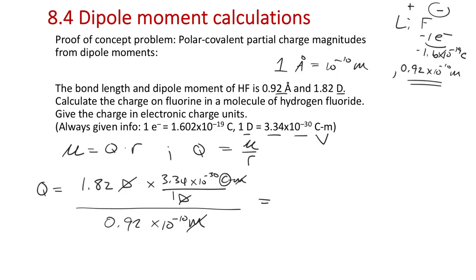So it's 1.82 times 3.34 e minus 30, divided by 0.92 e to the minus 10. I get 6.61 times 10 to the minus 20.